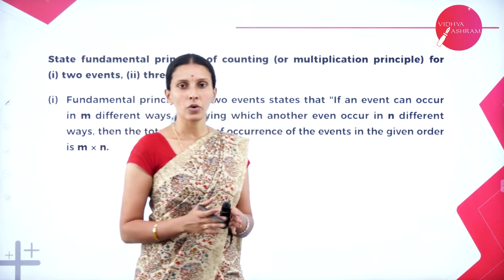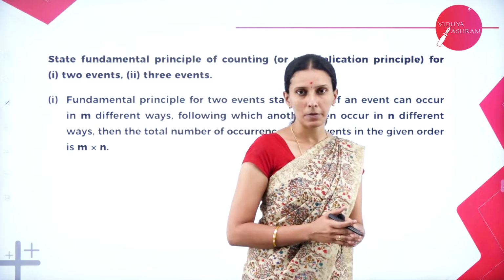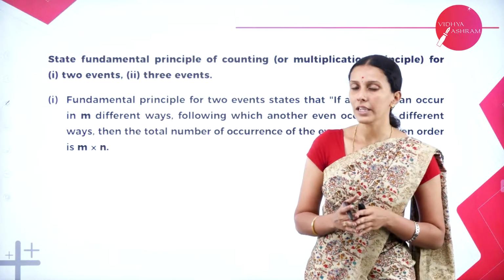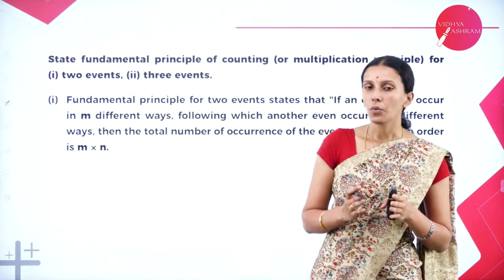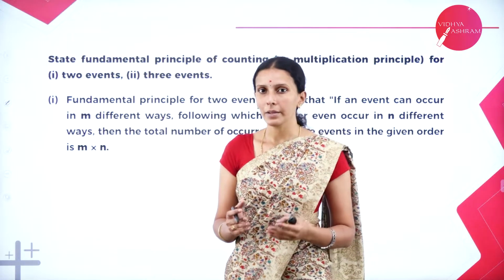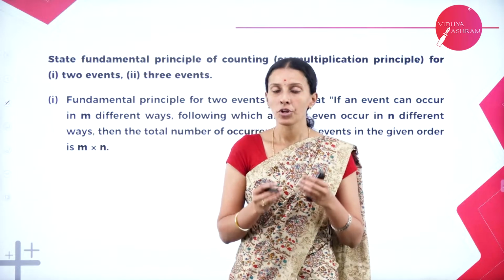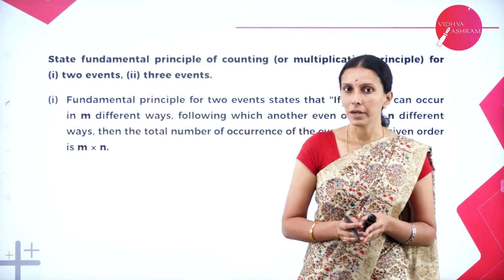Here we are going to learn the fundamental principle of counting for any 2 or 3 events occurring at a time. How can elements or objects be arranged when 2 events are occurring simultaneously?